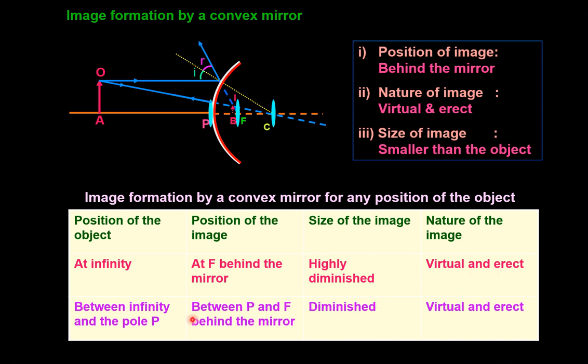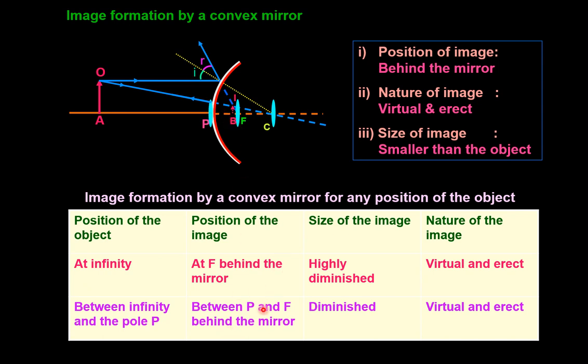Now the second case is the one which we have studied right now. The position of the object is between infinity and the pole P. Any point you choose between infinity and pole, you can place the object anywhere, irrespective of its location, as long as it is between infinity and pole P. Then the image will be formed between P and F, and it will automatically be behind the mirror.